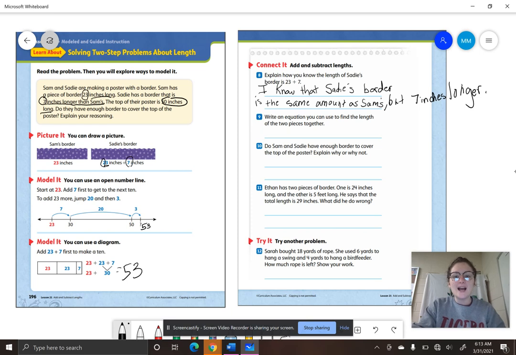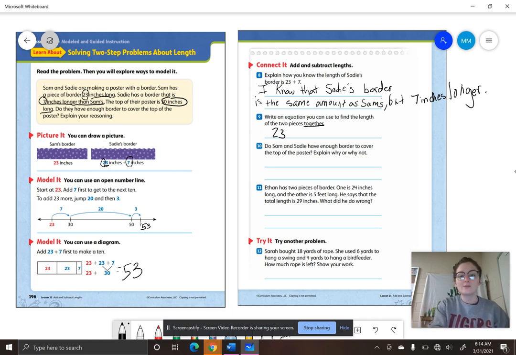All right, number 9, it says write an equation you can use to find the length of the two pieces together. All right, so how long was Sam's border? 23. If we are putting these two parts together, what kind of equation are you going to make? Are you going to make an addition equation or a subtraction equation? If we're putting the parts together, we are adding.